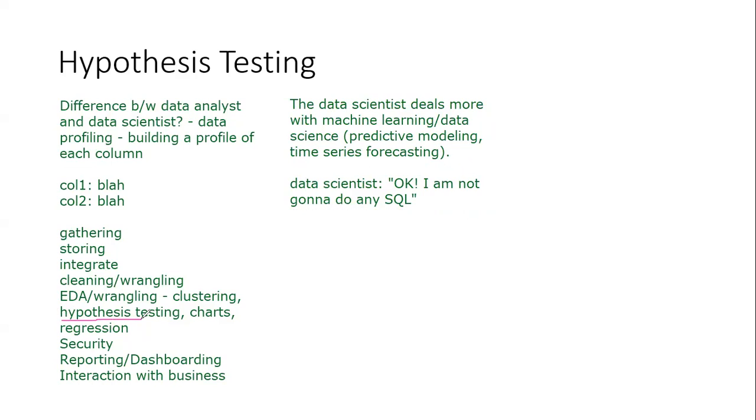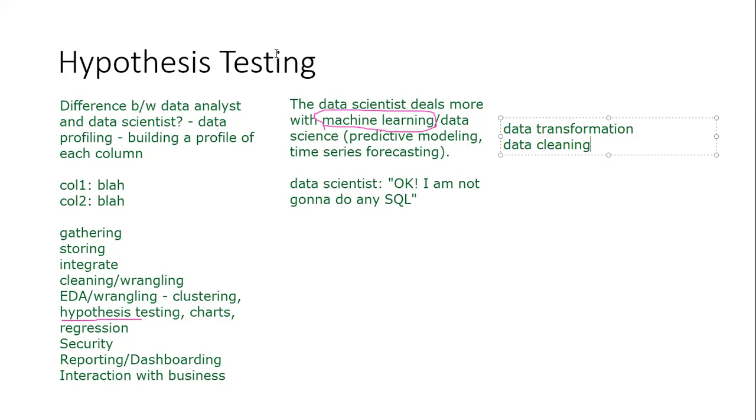No. A data scientist is not a data analyst, because when you talk of machine learning, you have to do some things which a data analyst will not typically do. For example, in machine learning, you have data transformation and data cleaning.